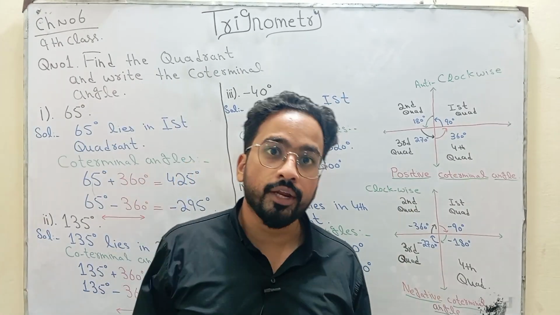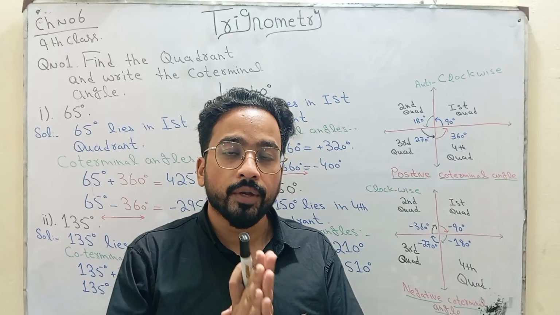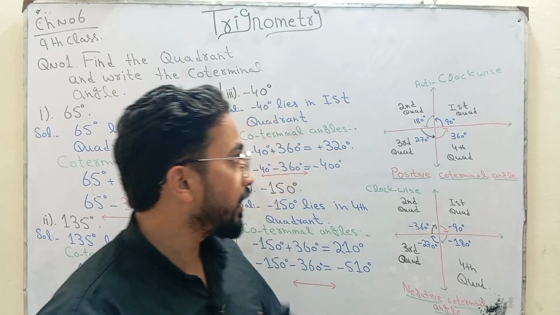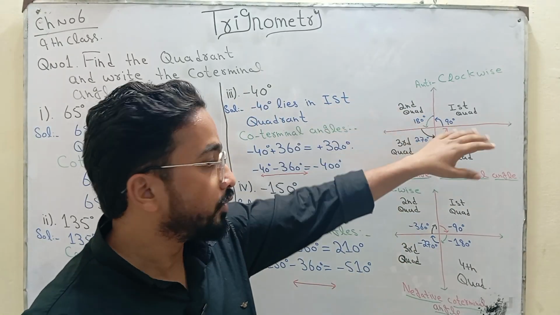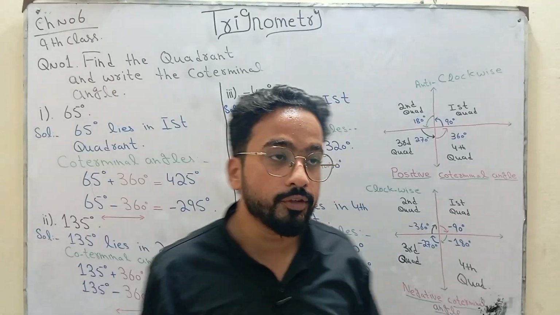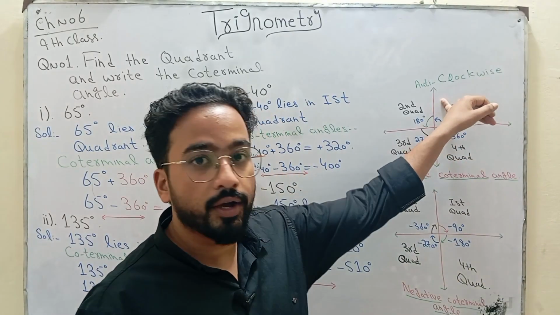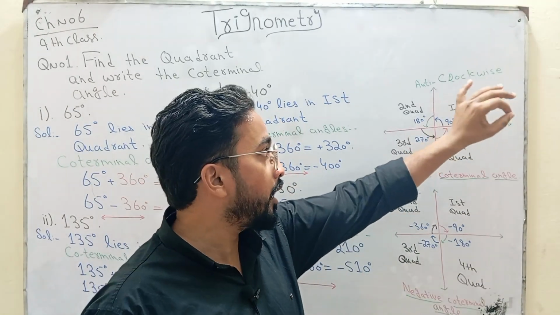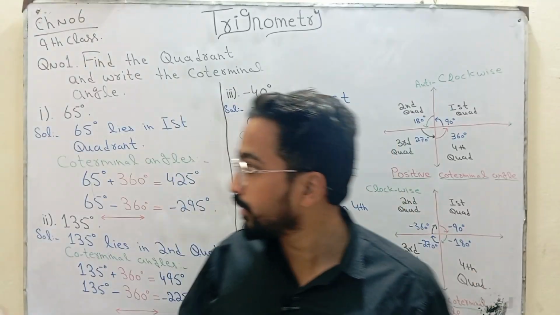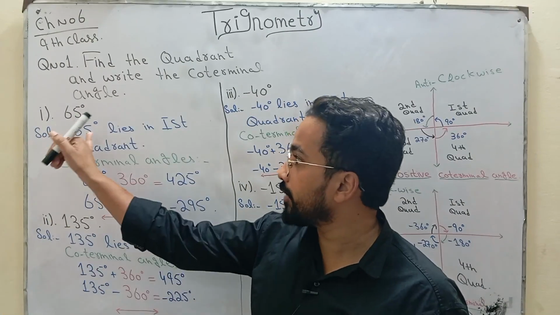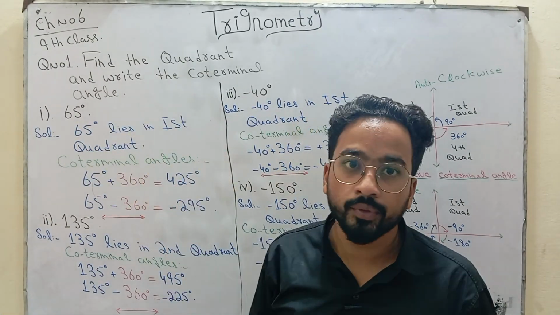There is no sign, so it has a positive sign. Let's see in the first quadrant. The angle is 65 degrees, which lies between 0 and 90. It means the angle is in the first quadrant. So our answer is 65 degrees lies in the first quadrant.